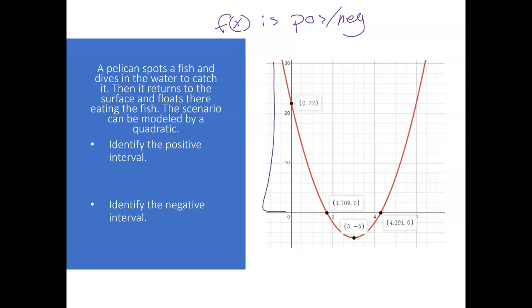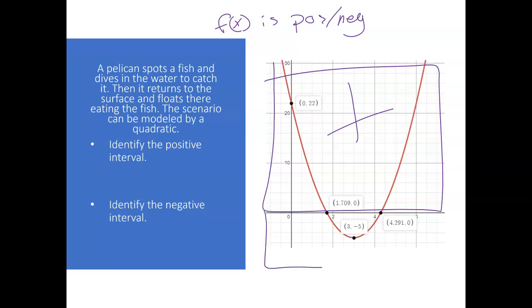So all of my y values above the x-axis are positive, but all my y values below the x-axis are negative. So that's the difference between increasing interval versus a positive interval.